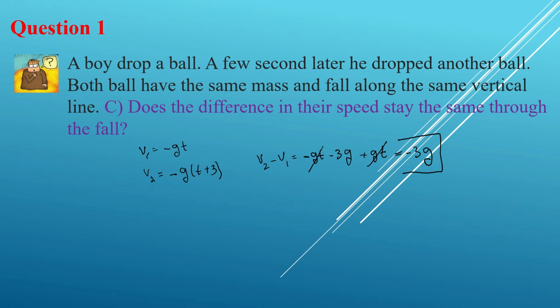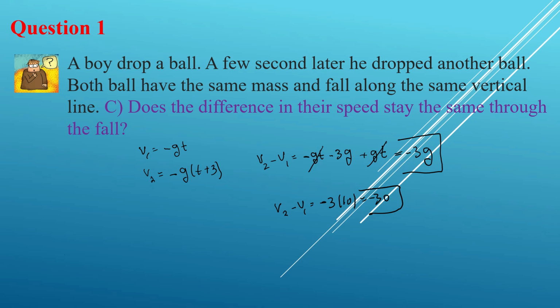So now I'm gonna substitute g here. v2 minus v1 is equal to minus 3g. I'm going to say g is approximately equal to 10. So it's going to be minus 30, correct?